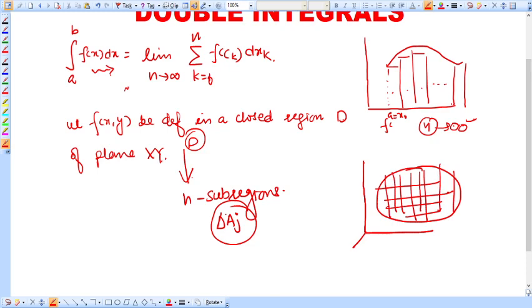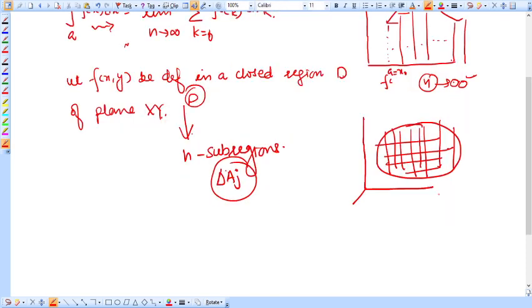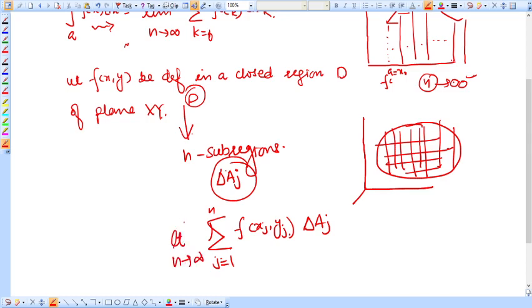Now try to find the sum of f(x_j, y_j) delta A_j, which is the area of these sub-regions, where j varies from 1 to n, and n approaches infinity.